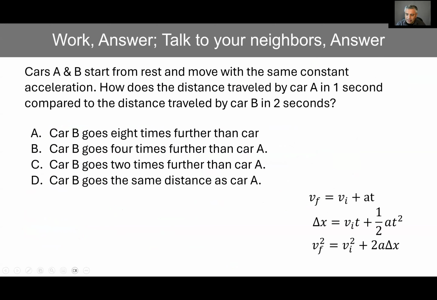So here is a question for you. In this case, what you have is two objects. Can you just use one equation for object A and another for object B? Decide that. Okay, so how do you decide?